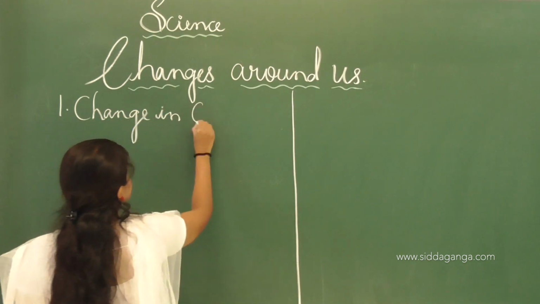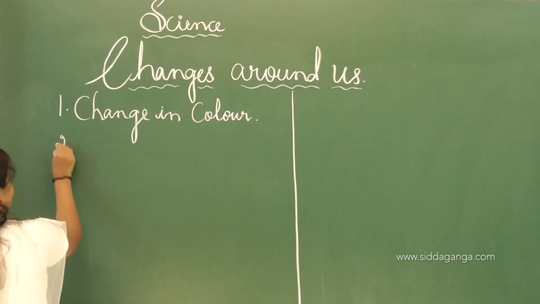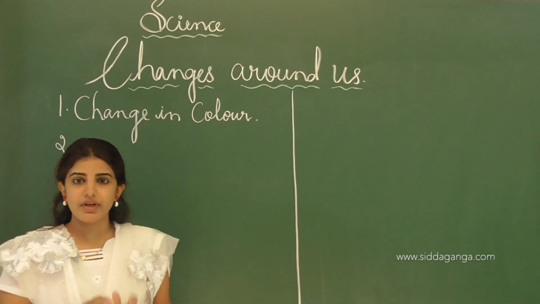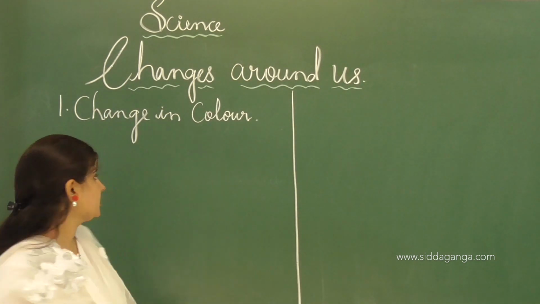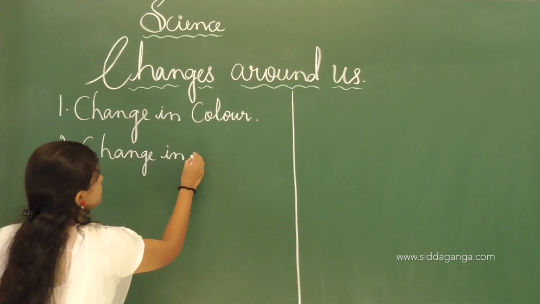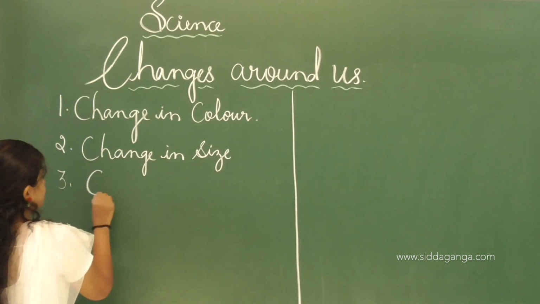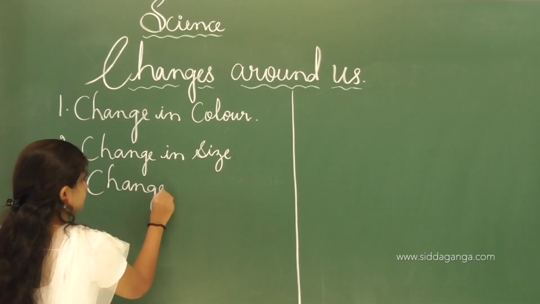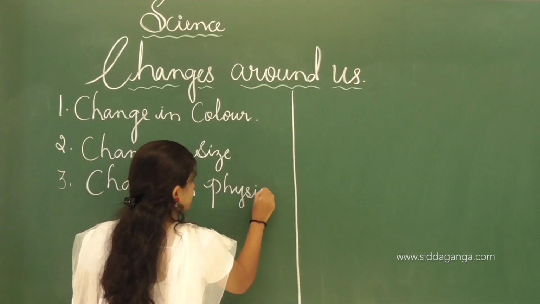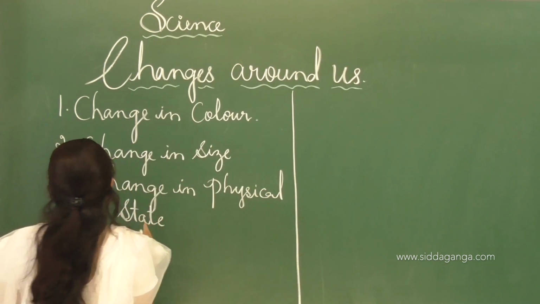Change in color. See, this is one of the effects which we see in particular things. Then only we can say that a thing or substance has changed. Change in size. Change in physical state.